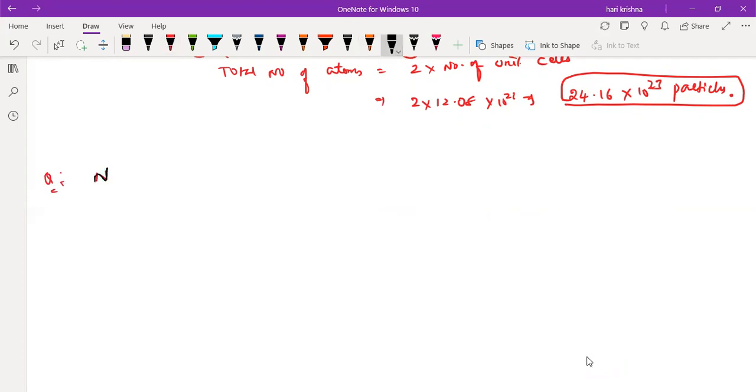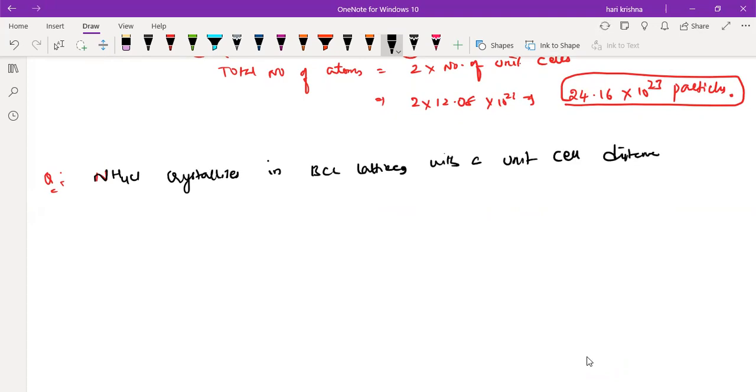NH4Cl crystallizes in a BCC lattice with a unit cell distance of 387 picometers.